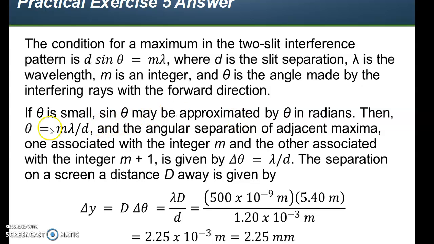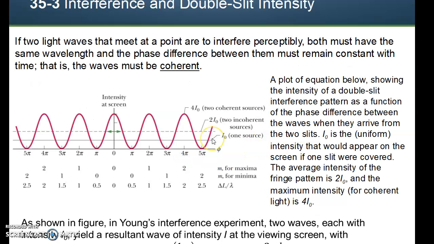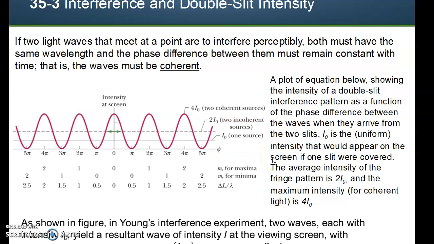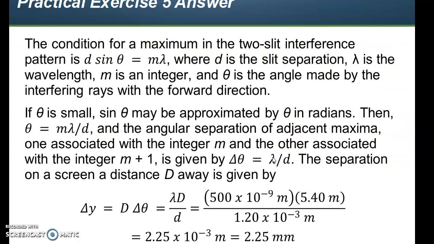Then theta, instead of sine theta, is just m lambda divided by d. And the angular separation of the adjacent one is given by delta theta equals lambda over d.